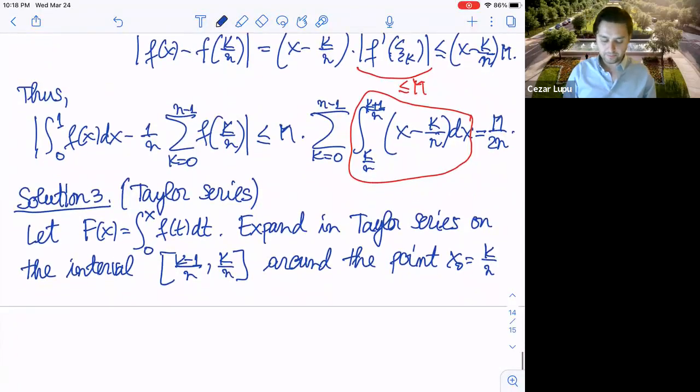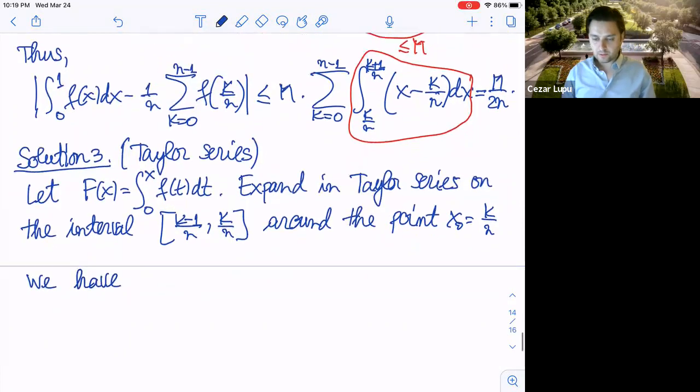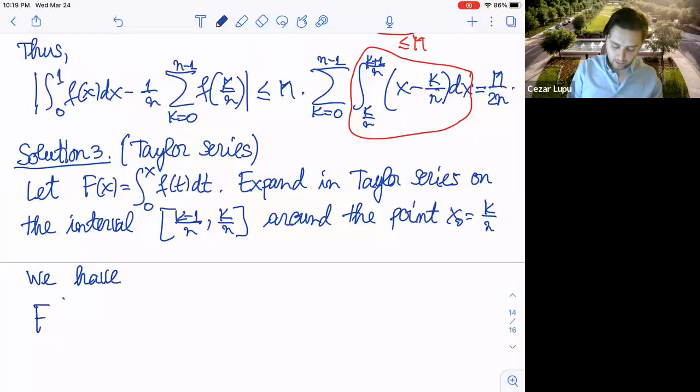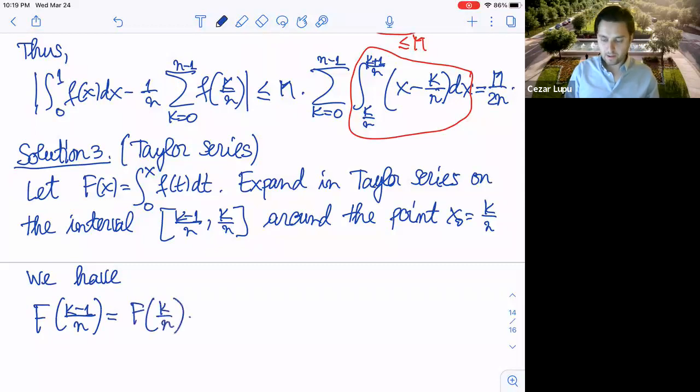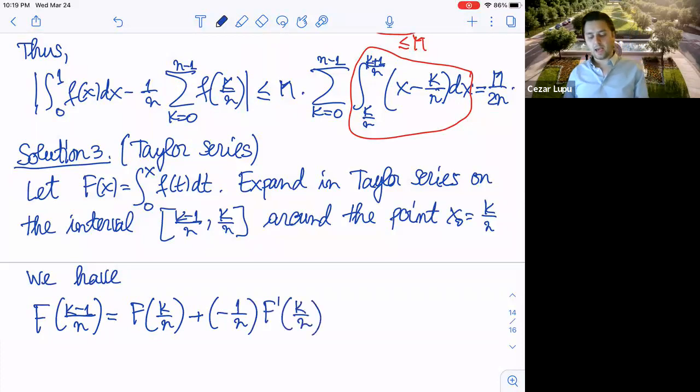So let's see, what do we have? We have that f of k minus 1 over n, and now let's be careful here, will be f of k over n plus negative 1 over n times f prime of k over n, because it's k minus 1 over n minus k over n, which is negative 1 over n, times the derivative.